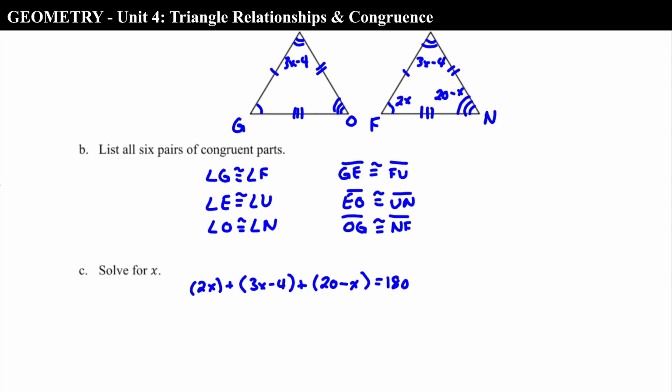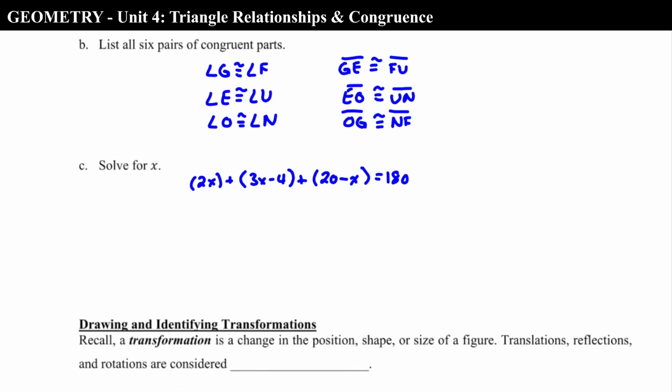And from here, we can solve for x. So you combine all your like terms, you're going to get 4x plus 16 equals 180. 4x, when you subtract 16 from each side, is going to be 164. And so x is 41.